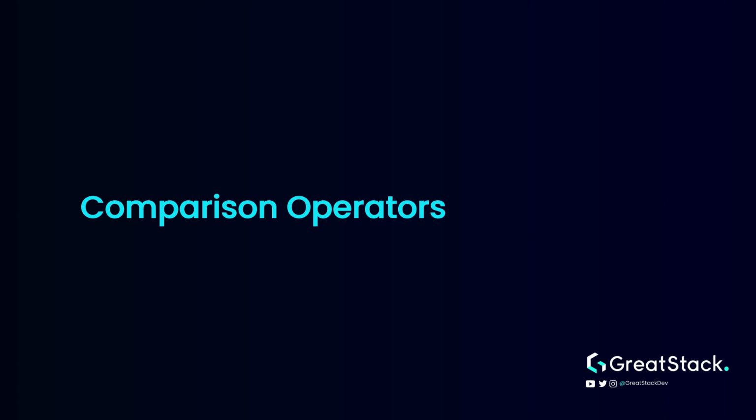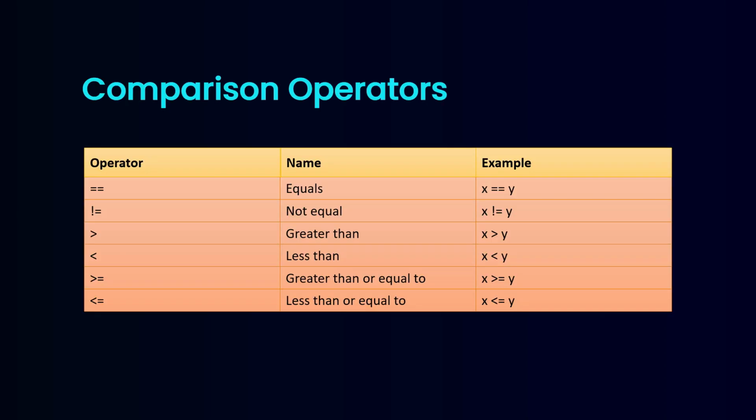Now getting to the comparison operators. So basically these operators are used to compare whether two elements are related or not to each other. So what are the relations? These are only the 6 types of relationships in Python code.